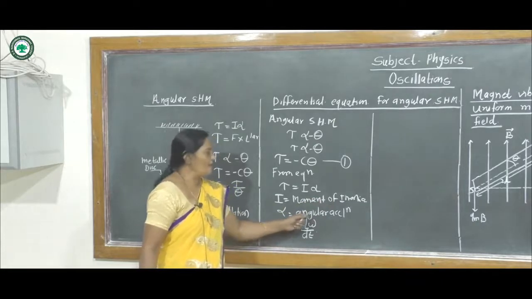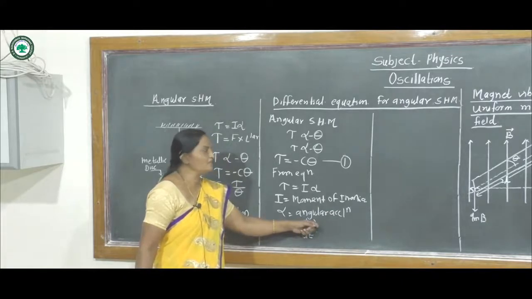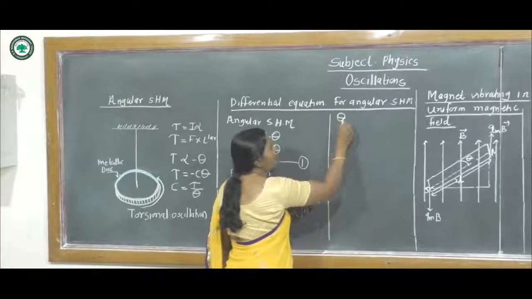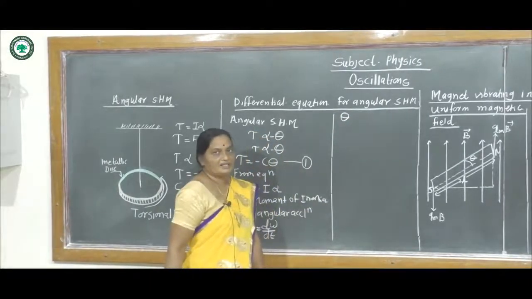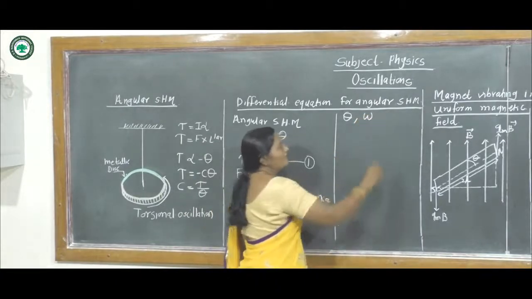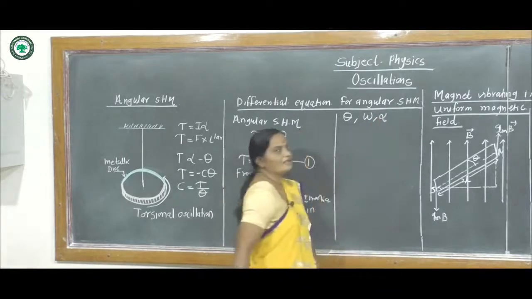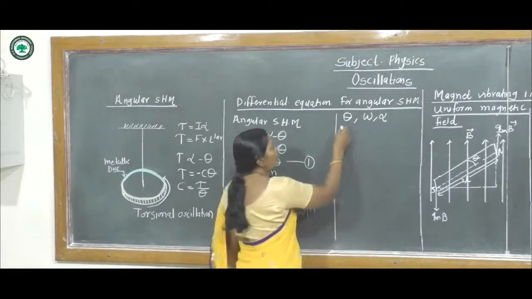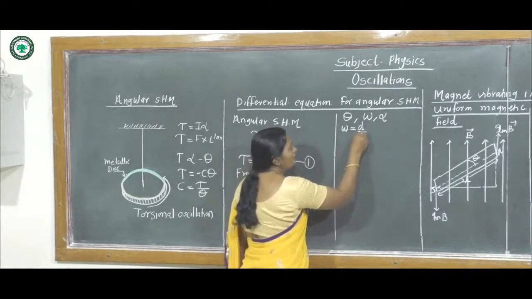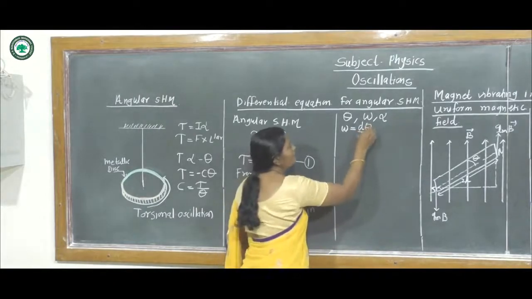Alpha is called angular acceleration, the rate of change of angular velocity. Suppose theta is called angular displacement, then omega is called angular velocity and alpha is called angular acceleration. Omega, the angular velocity, is the rate of change of angular displacement.